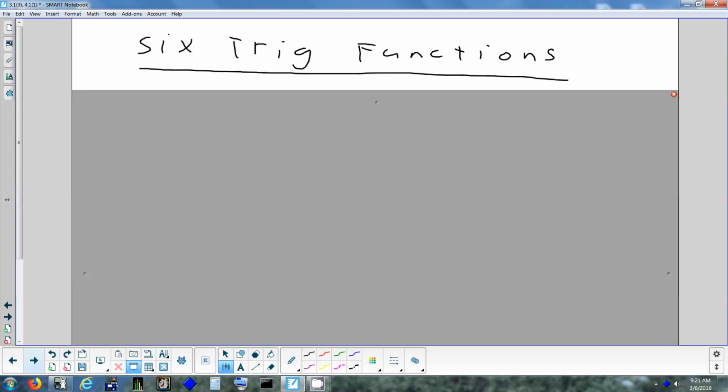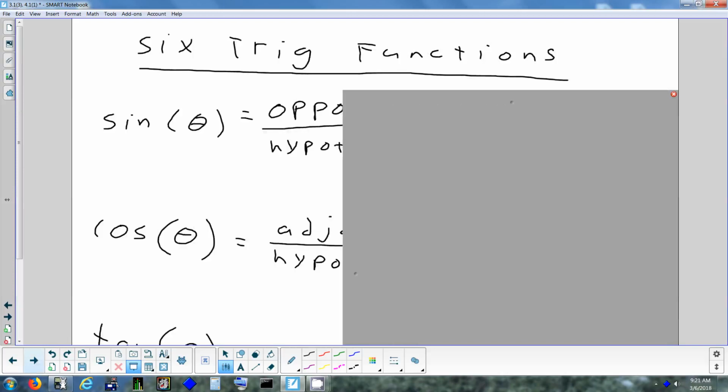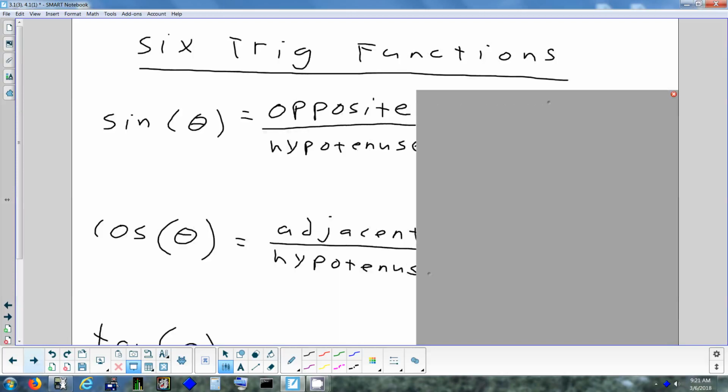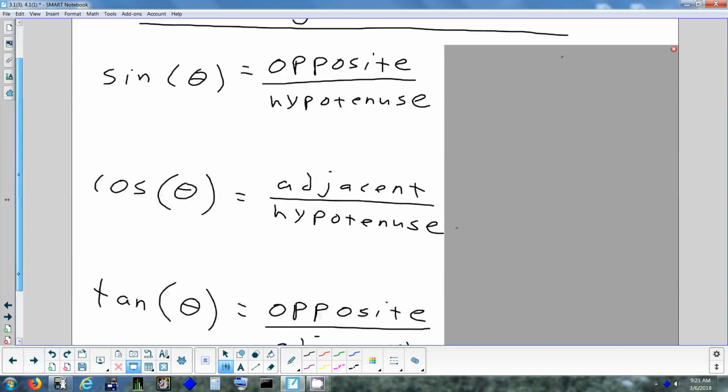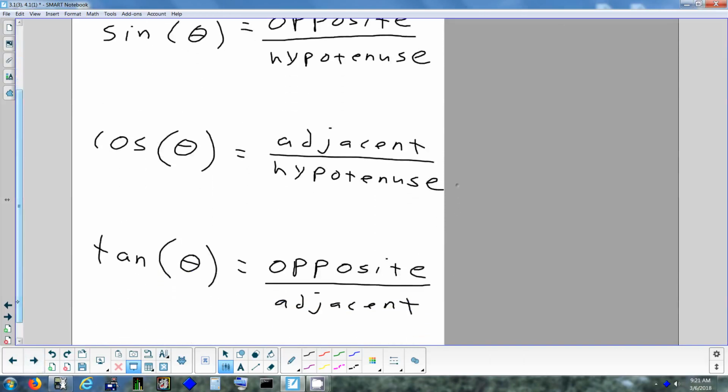This is pretty much the same thing, just using different words. So sine is the opposite side divided by the hypotenuse. Cosine is the adjacent side divided by the hypotenuse. And tangent is the opposite divided by the adjacent.